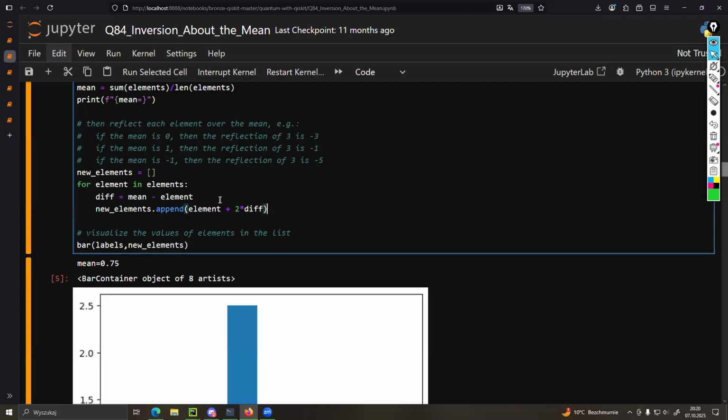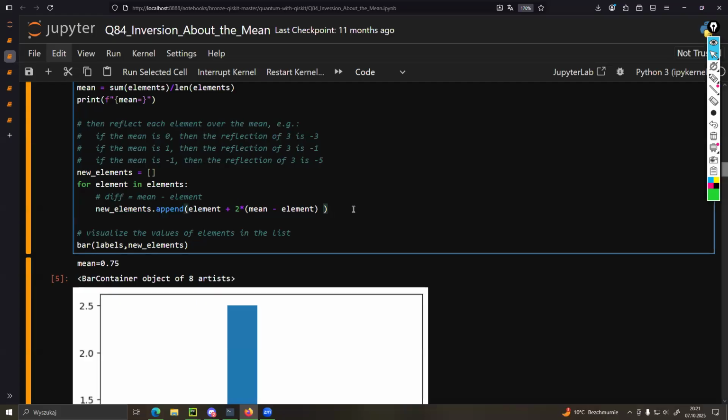And diff was actually when we unroll this, meaning that we will actually perform this straight here. So as you can see here is our difference.